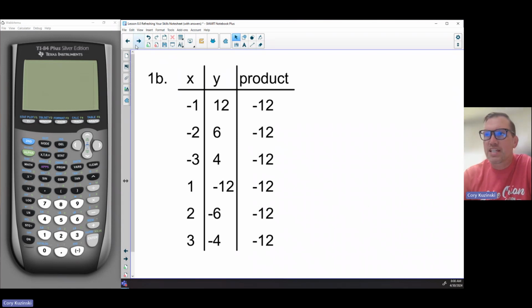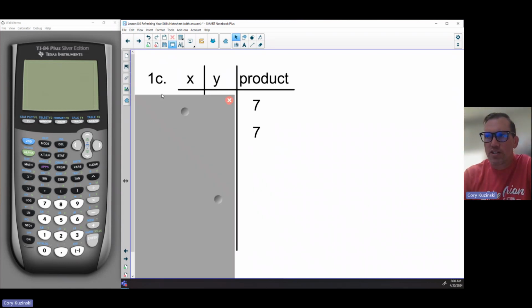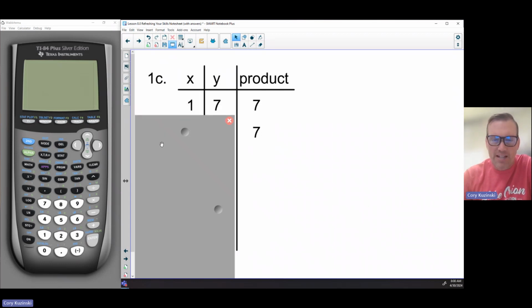So I think parts C and D on number 1 here just hammer this home. Remember that the factors of a positive product could be positive, 1 times 7, or the factors of a positive product could be negative, -1 times -7.